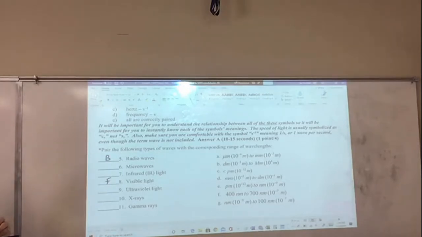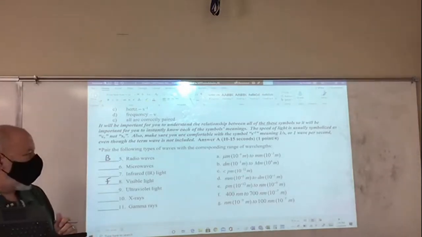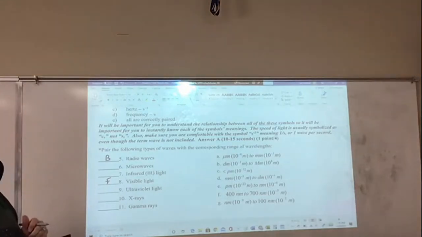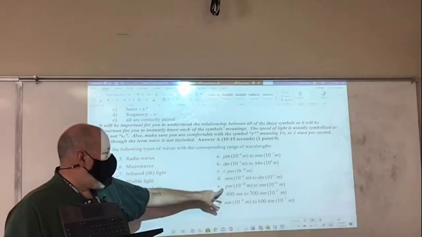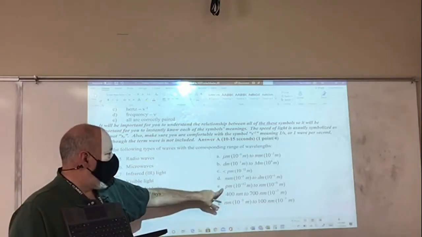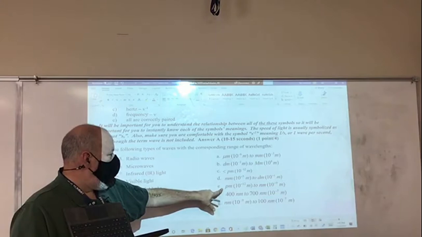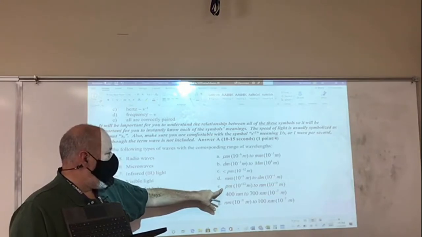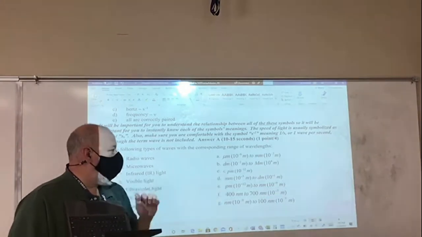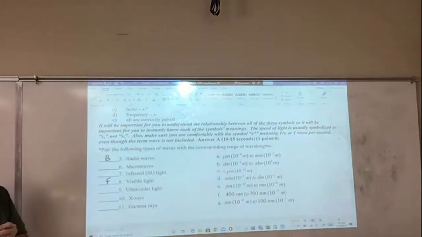And if you wanted to go to the shortest one, picometers to nanometers. Less than picometers is going to be gamma rays, right? And then picometers to nanometers is going to be X-rays. Which would mean that G is ultraviolet, right?